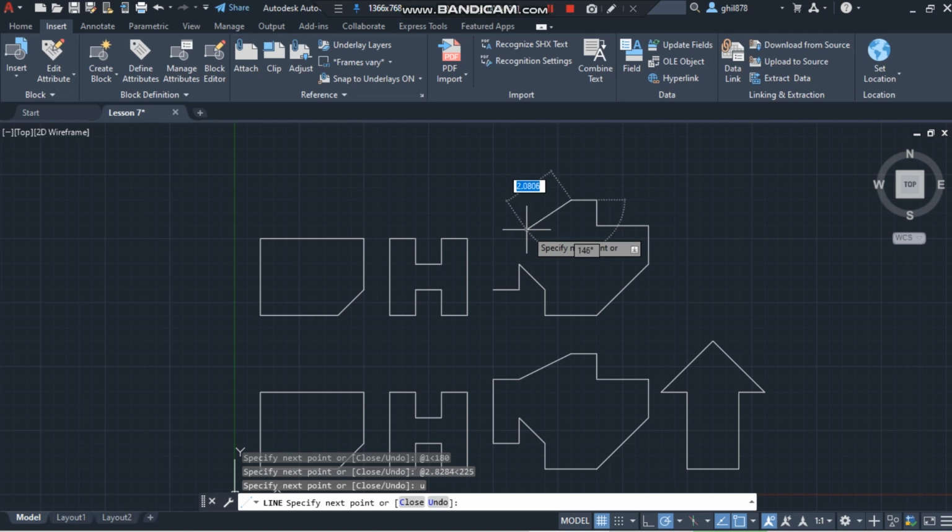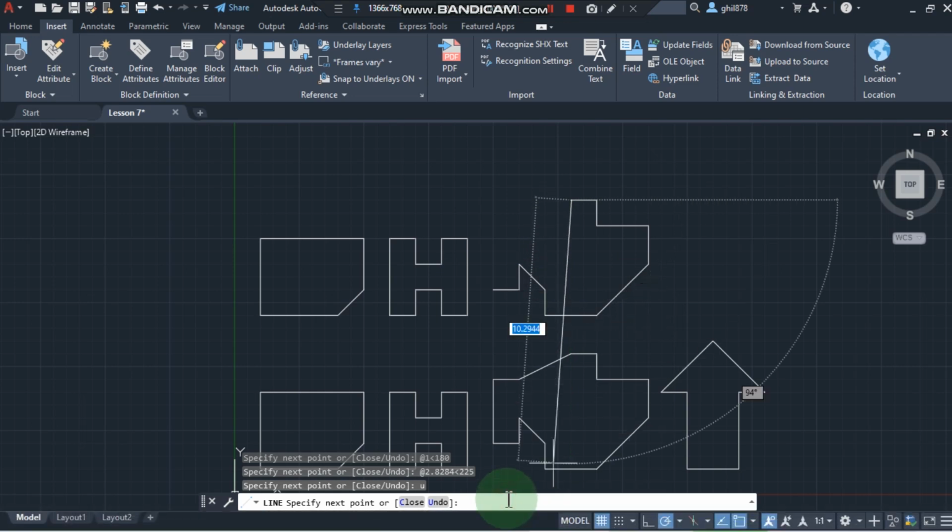Angle of 150. So if I have it here, 130.